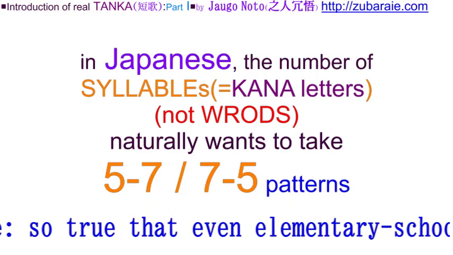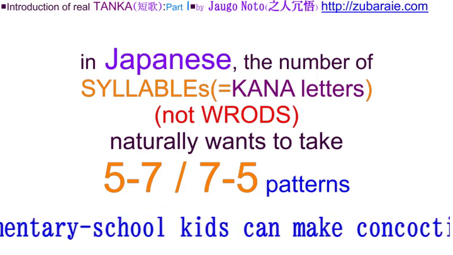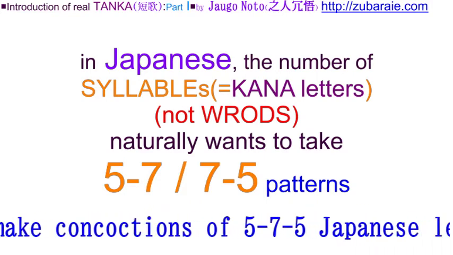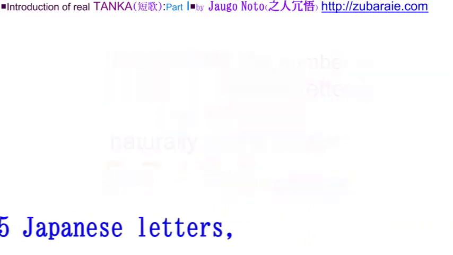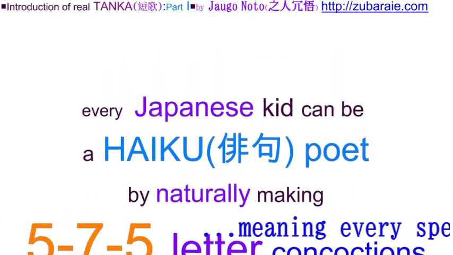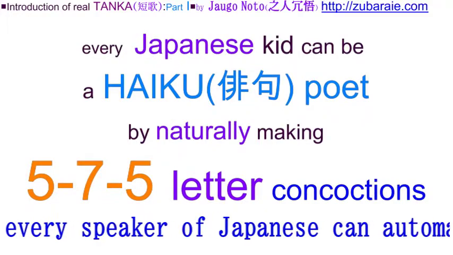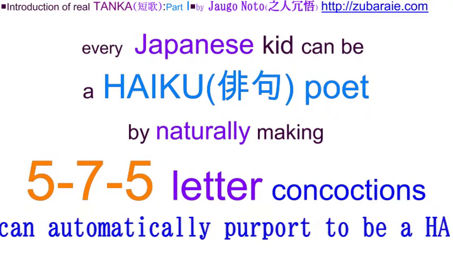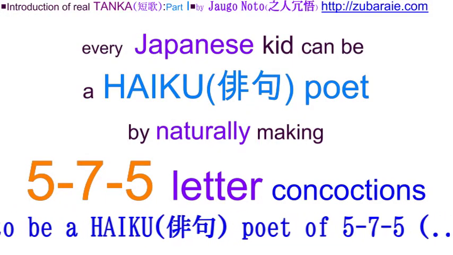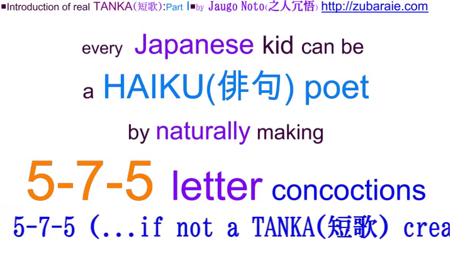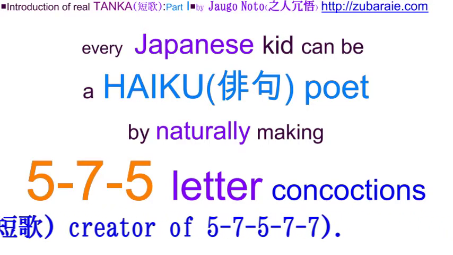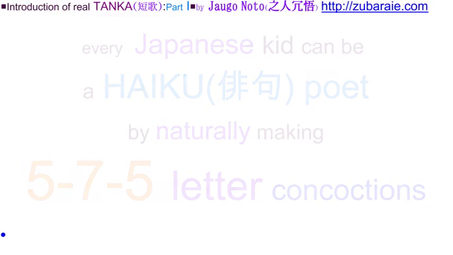So true that even elementary school kids can make concoctions of 5-7-5 Japanese letters, meaning every speaker of Japanese can automatically purport to be a haiku poet of 5-7-5, if not a tanka creator of 5-7-5-7-7.